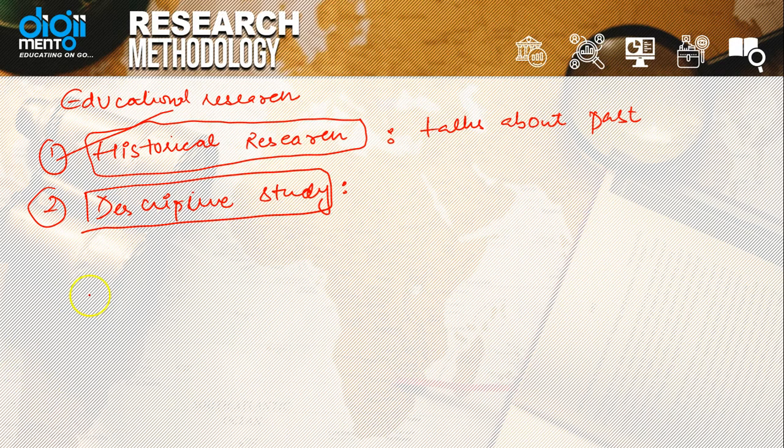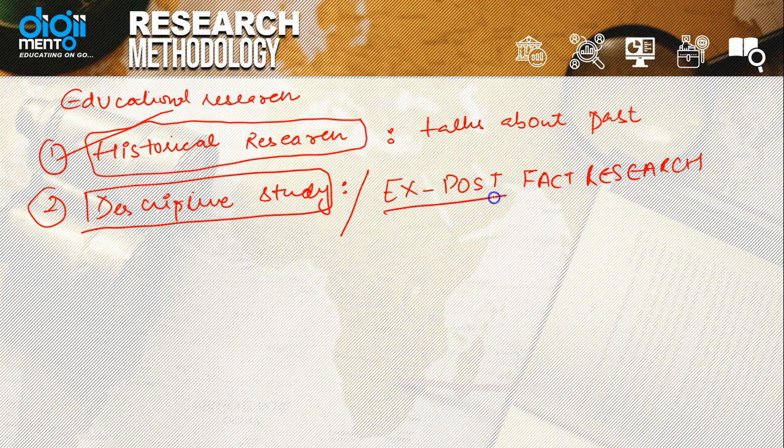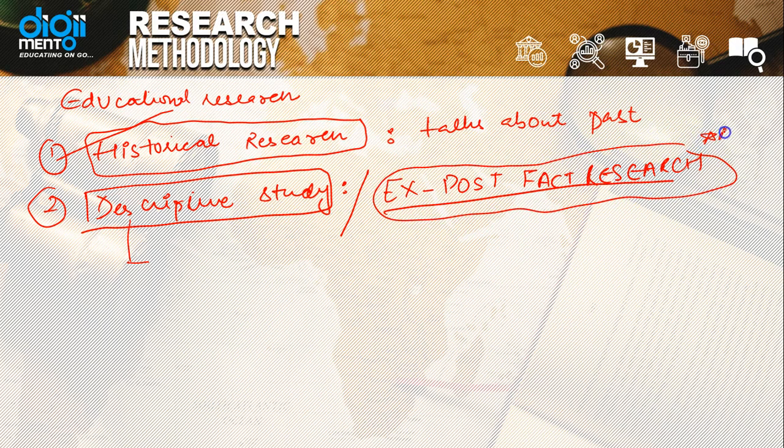In exams, most of the time you find that the name is ex post facto research. In descriptive study, in social science and business research, we often use the term ex post facto research. This is important. Most of the time questions also come from this area.